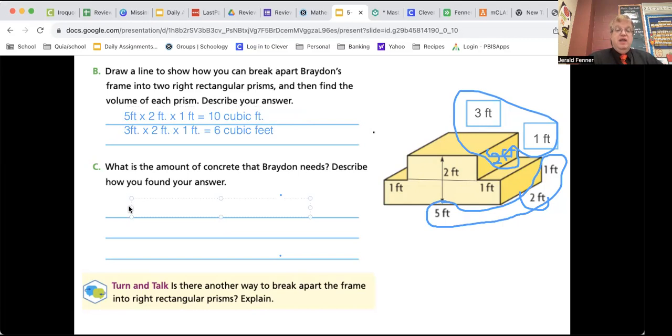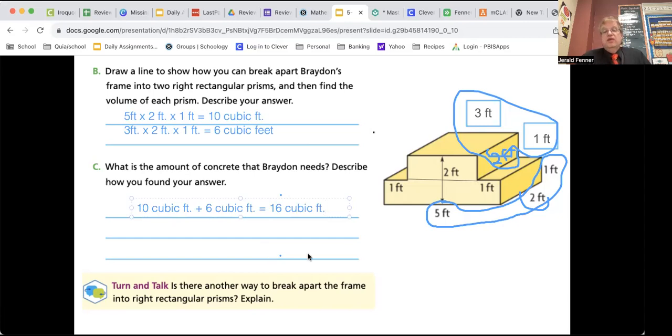So you would take 10 cubic feet plus, and you're adding the two because you're trying to figure out what the total volume is of two separate volumes, 6 cubic feet equals 16 cubic feet. And the unit is still 16 cubic feet because the units are cubic feet in the addition problem.